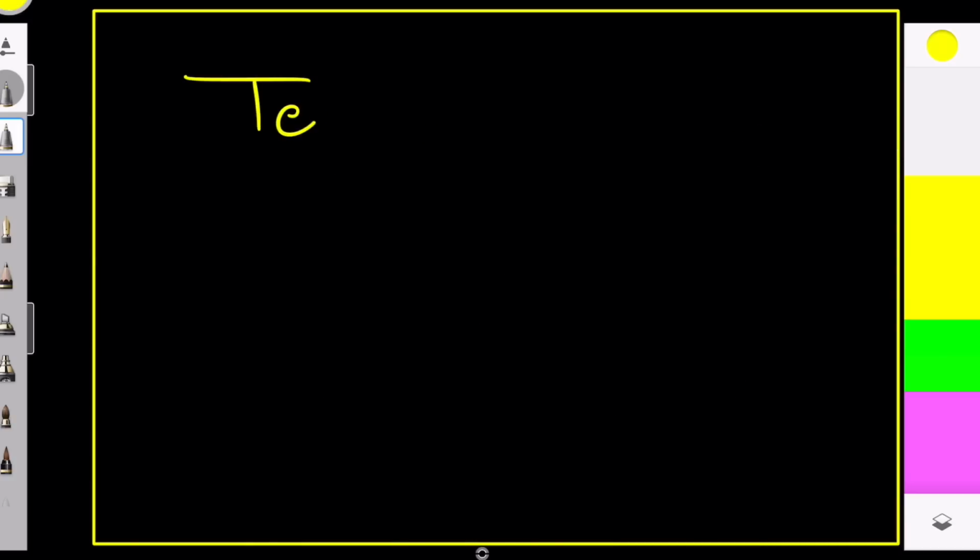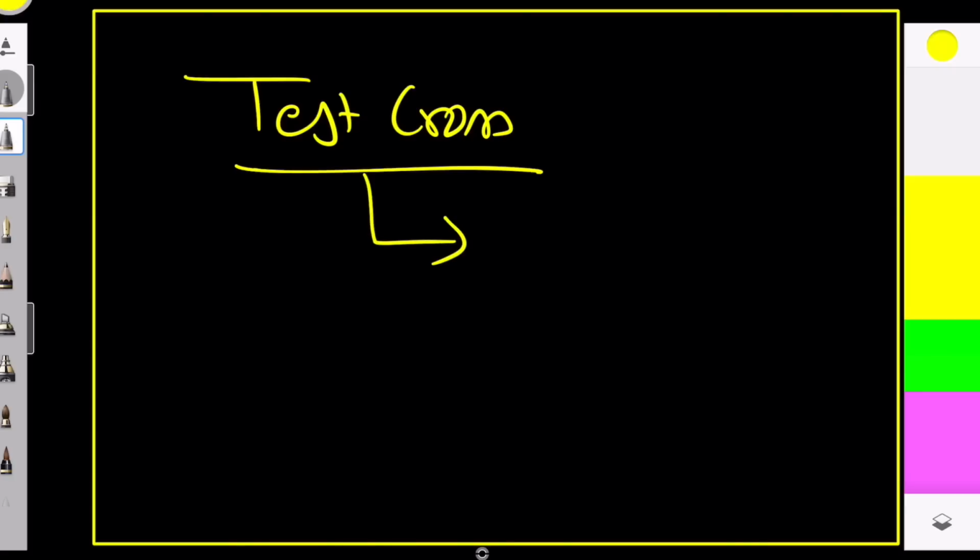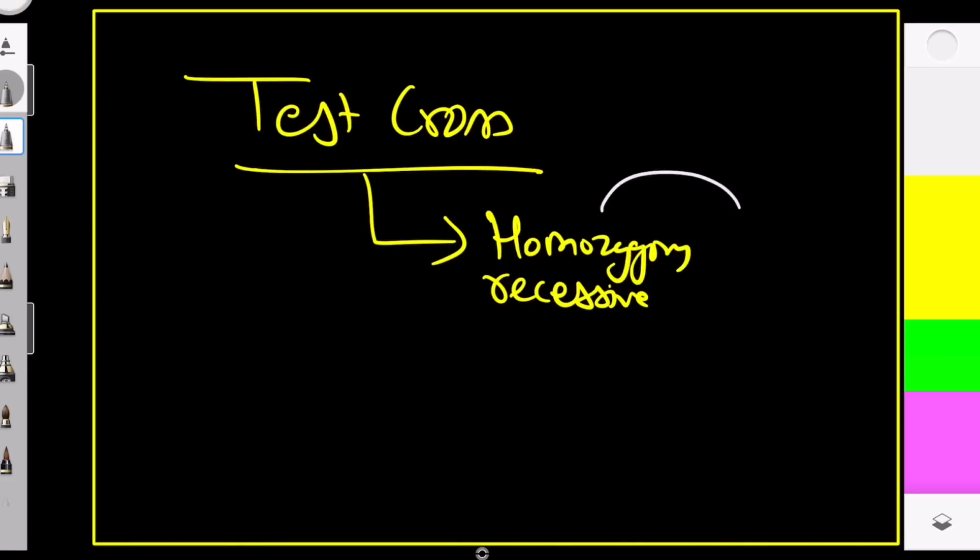Hopefully you have understood what test cross is. In test cross, we cross with homozygous recessive individuals, not parents, so that we can find the unknown genotype.